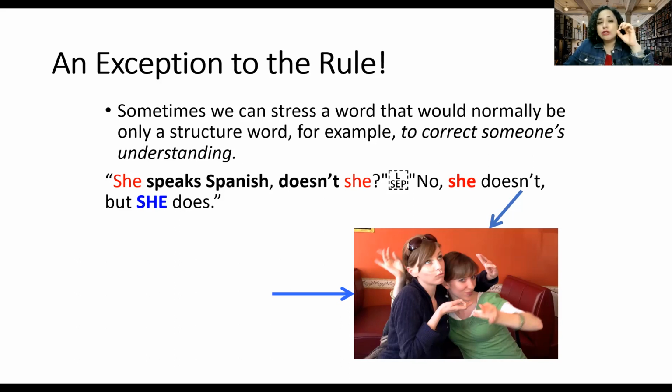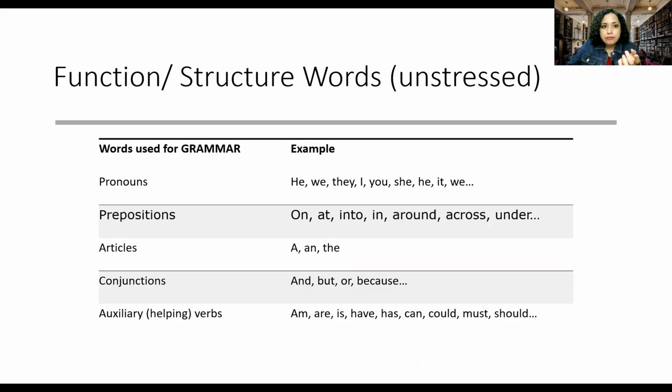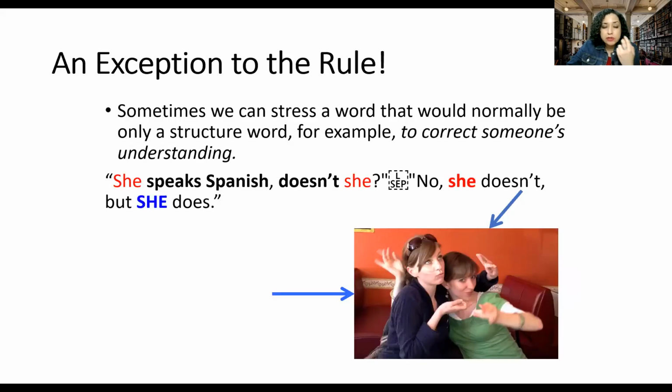And then you do need to stress this structure word because it is an exception to the rule, because you are comparing, and you do need to make sure that you are expressing: no, she doesn't, but she, this lady over here, but she does.